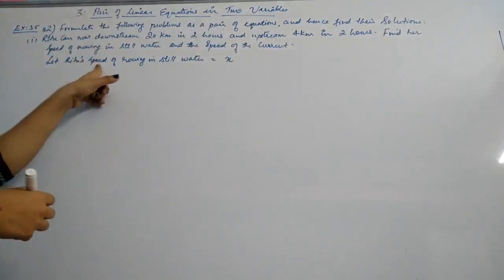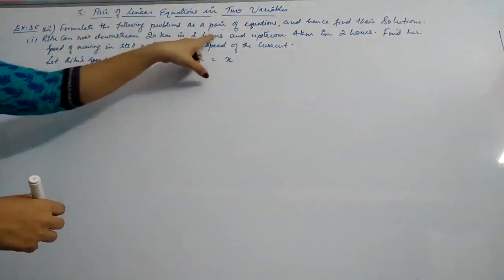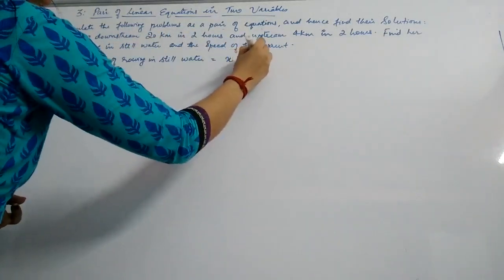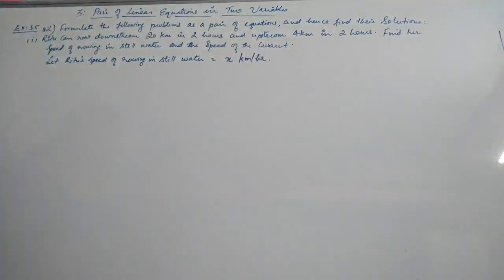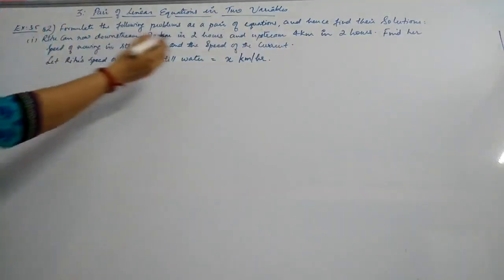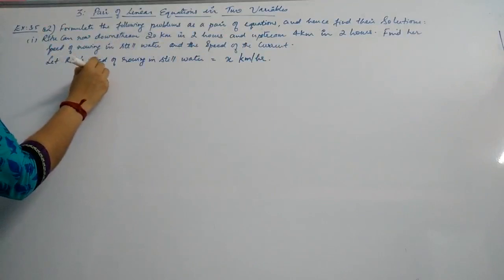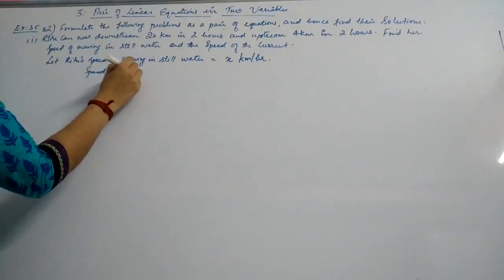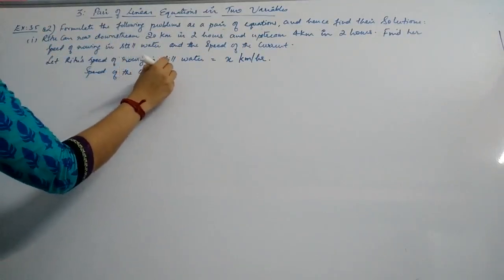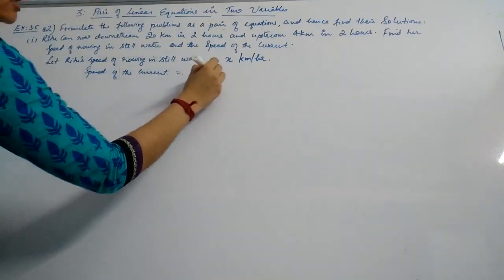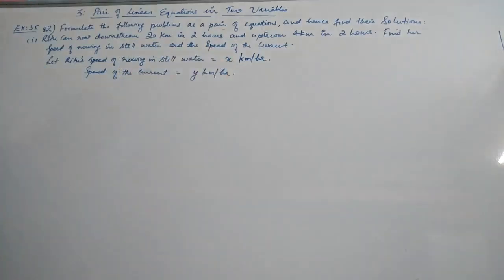Now again it is speed, since it is in kilometer and hour, the unit of speed will be kilometer per hour, so x kilometer per hour, and the speed of the current be taken as y kilometer per hour. So these are the variables which you want to find out. Now while formulating, we need to know what will be the speed downstream and upstream, the speed of rowing downstream and upstream.